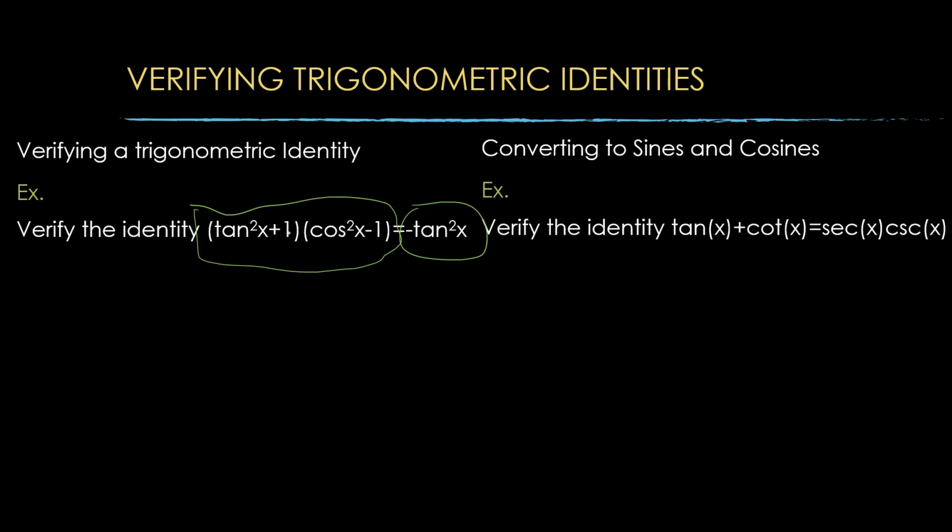Okay, so this, tangent of x squared plus 1. Right? We have your identity 1 plus tangent of x squared equal to secant of x squared. We can rewrite this one. Easy. So this will become secant of x squared. And this one, cosine of x squared minus 1.